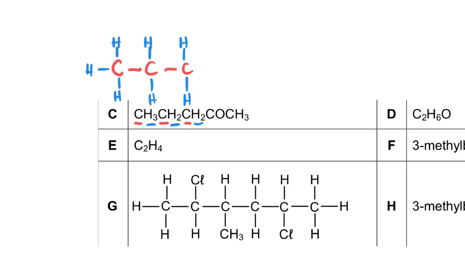Then we have the next C, but now this C and this C are going to be connected together, and this C has got 3 hydrogens attached to it. But what we want to focus on now is what do we do here?